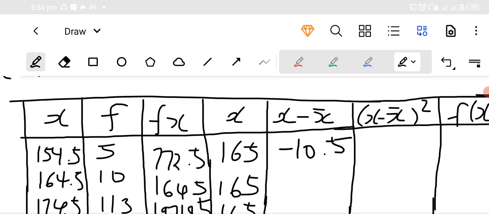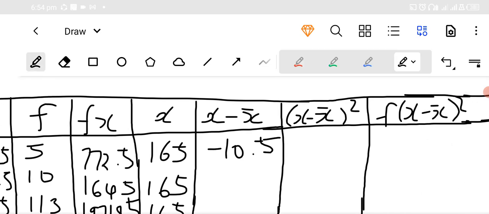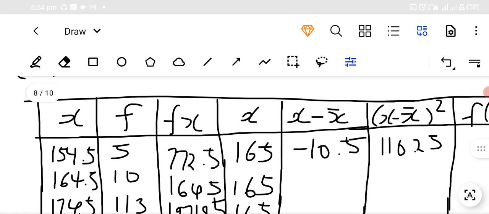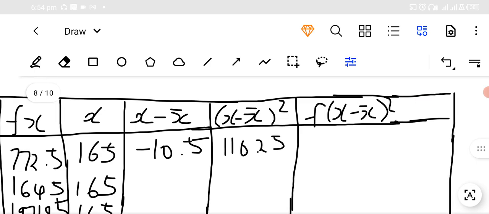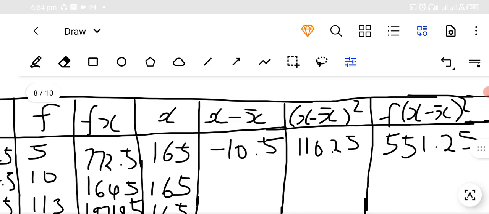You square it, 110.25. You multiply by f, times 5. You're going to have 551.25.